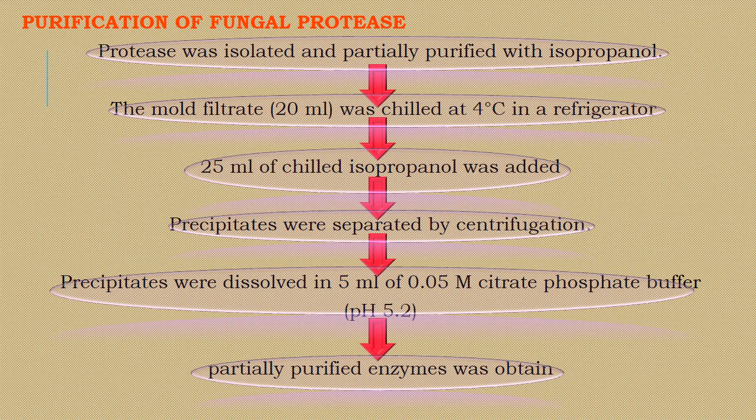Once precipitation has happened, the concentration of our product is done, so we centrifuge it and separate only the precipitates. The precipitate is nothing but our protease enzyme, which is dissolved in buffer. A citrate phosphate buffer is used, and a purified form of enzyme is obtained from the overall production processing. So this is the downstream processing when we are using the Rhizopus species.